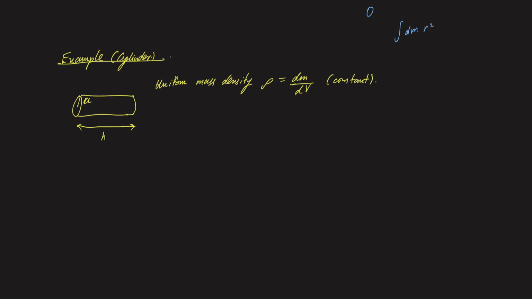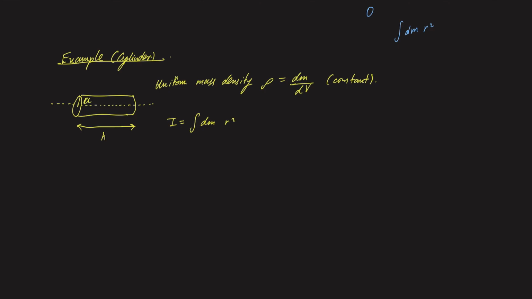And the question is, what's the moment of inertia of this cylinder about the axis that goes right through its center? So to answer this, we'll first write down I equals the integral of dm r squared. And now we want to relate dm to this variable r, to the distance from the axis in this case.